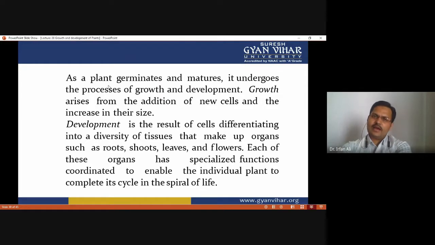So, as a plant germinates and matures, it undergoes the process of growth and development. As we know, growth arises from the addition of new cells and the increase in their size, and development is the result of cell differentiation into a diversity of tissues that make up organs such as root, shoot, leaves, and flowers, and each of these organs has a specialized function coordinated to enable the individual plant to complete its life cycle.